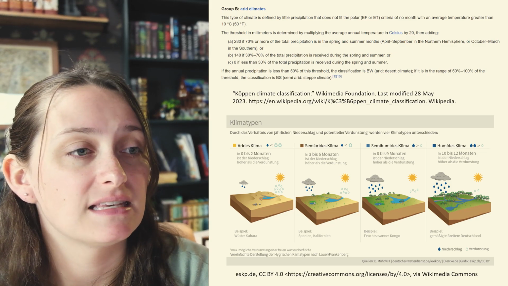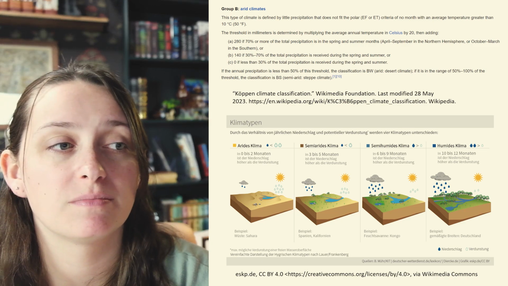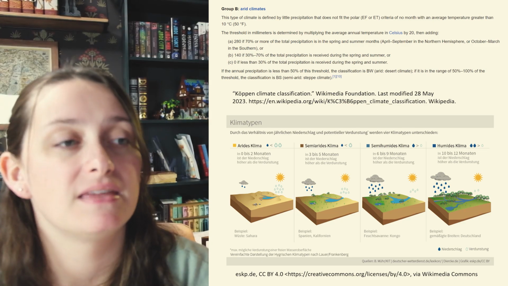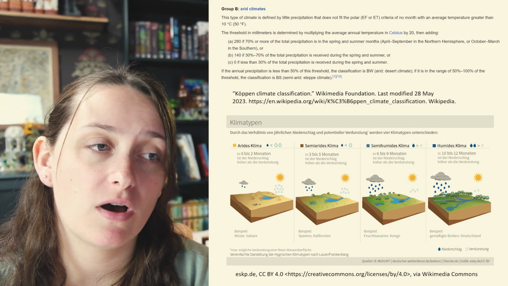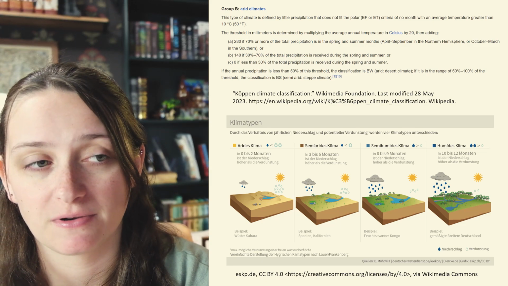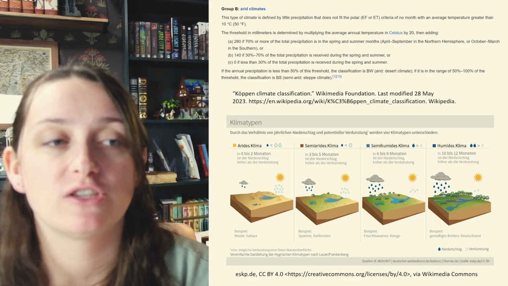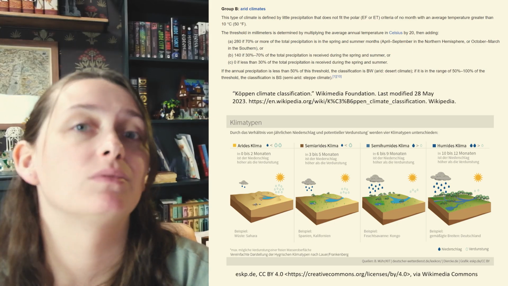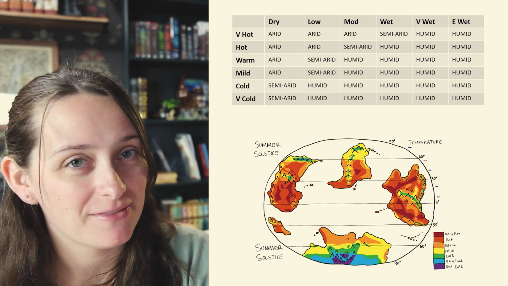Then the next one is semi-arid, and you can see that there's slightly less evapotranspiration but still not a lot of water. The next one is semi-humid, and that's more water to a bit of evapotranspiration. And then the next one is humid, which is a lot of water to only a little bit of evapotranspiration.